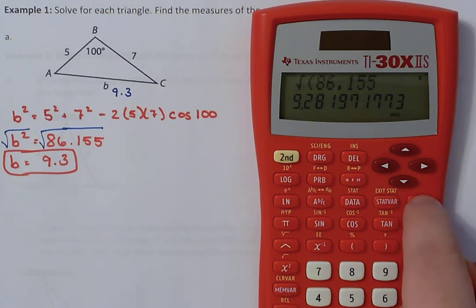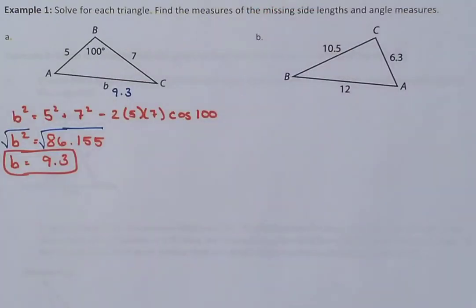All right, so that is the first part. We had to find the length of B. Now that we have all three side lengths figured out, we can figure out the angle measures of A and C. Again, while my temptation would be to figure out the angle measures using the law of sines, you cannot find the angle measures that way unless you know all three side lengths.